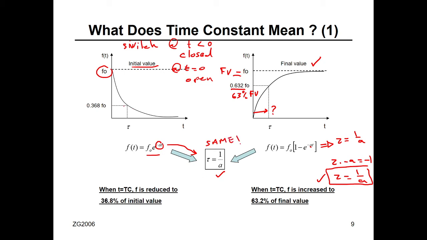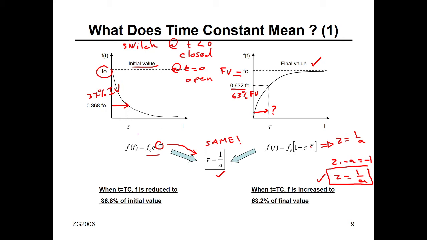However, the meaning here is different. Tau here means the time it takes to reach about 37%, sorry, 37, not 36, or 36 is almost the same. About 37% of the initial value. We don't have a final value because the final value here is 0. So 37% of the initial value.